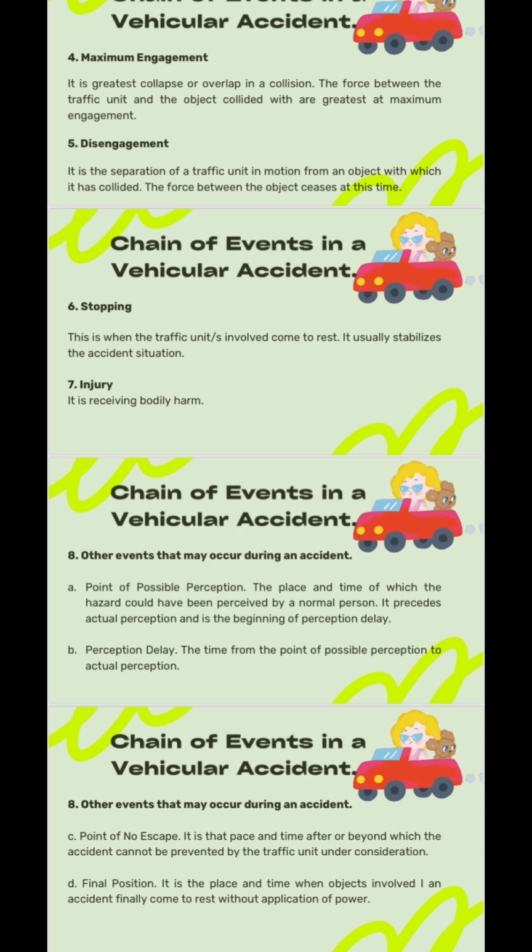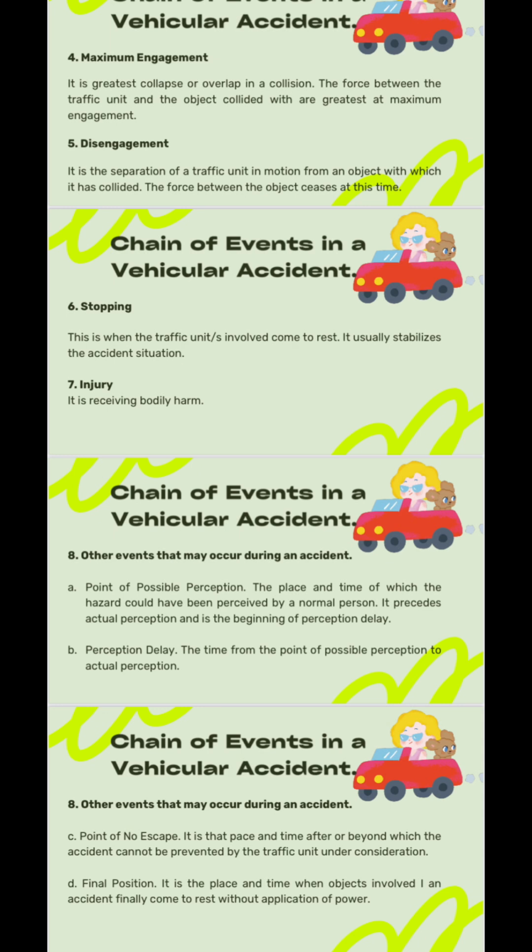And B is perception delay. The time from the point of possible perception to actual perception. This is the time between the point of possible perception and when the driver actually perceives the hazard. It's the gap between seeing a danger and recognizing it as one.